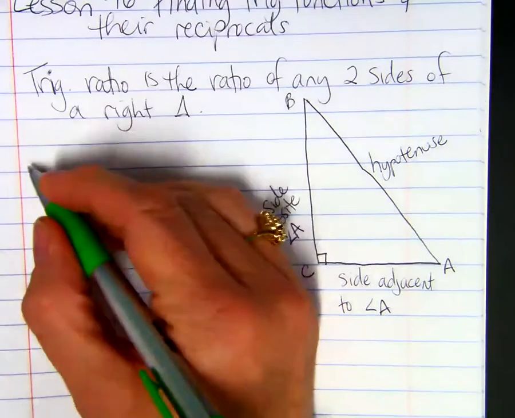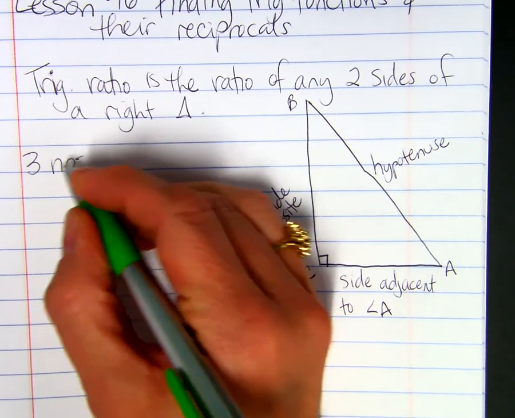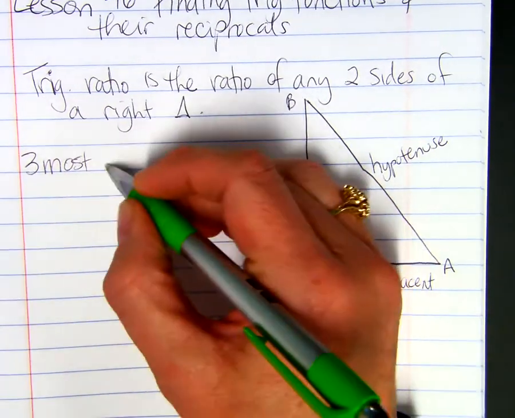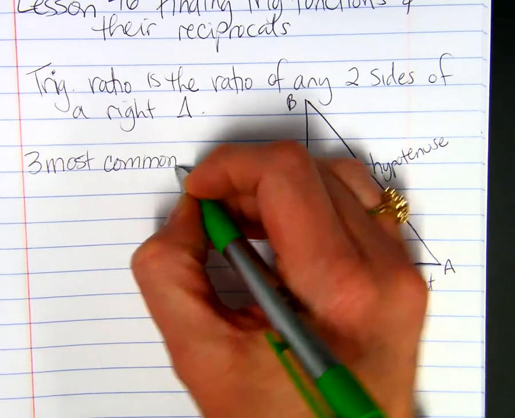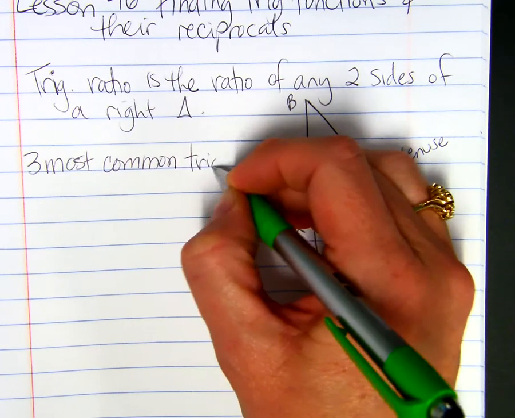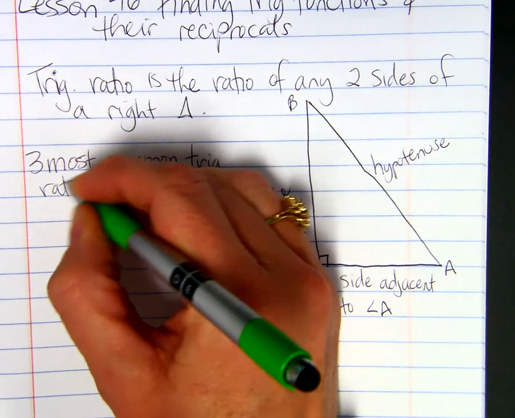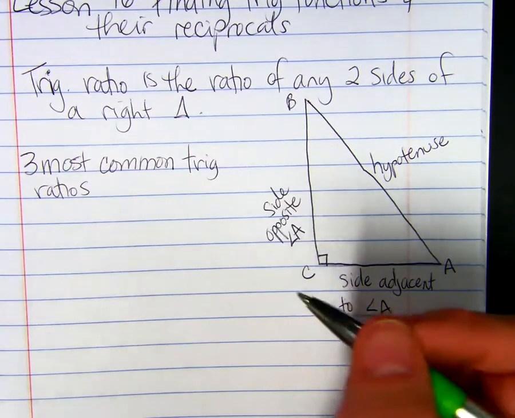Trigonometric. So the three most common trig ratios are sine, cosine, and tangent.